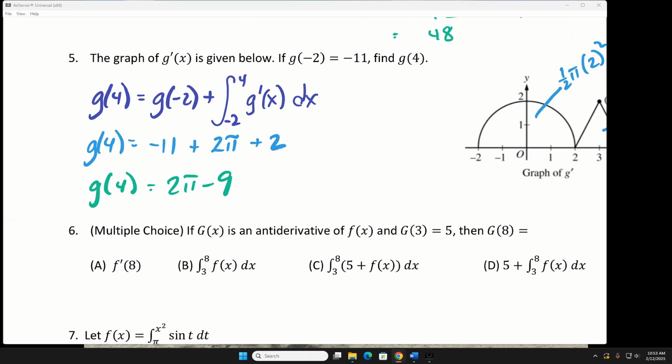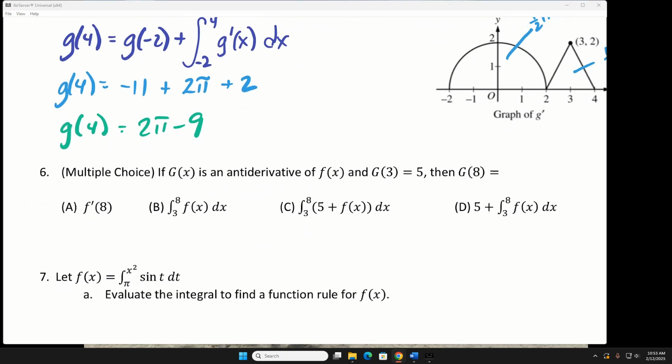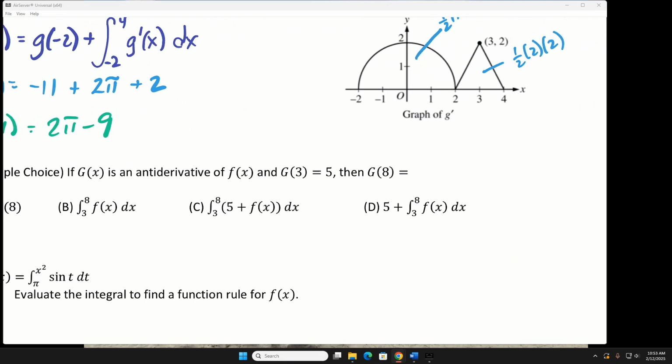Okay, and then a multiple choice question. So we know g is the antiderivative of f. We know g of 3 is 5. We want to find g of 8. So what are we going to add? What's the first thing we're going to write after the equal sign?